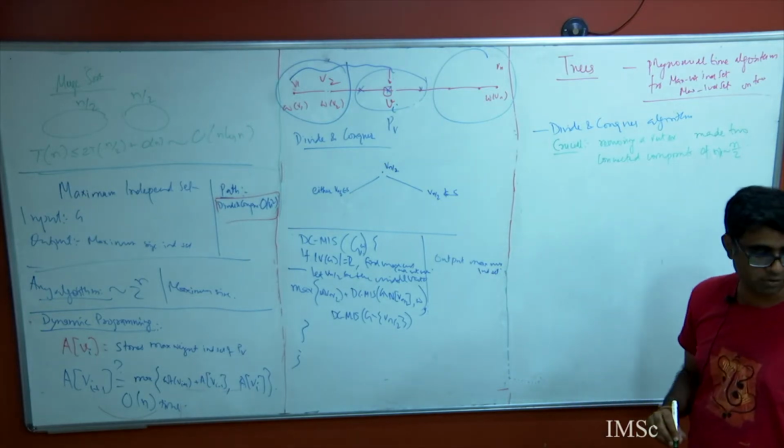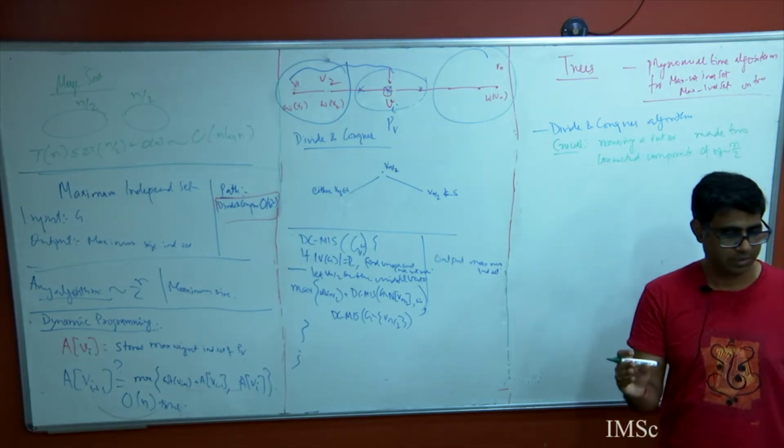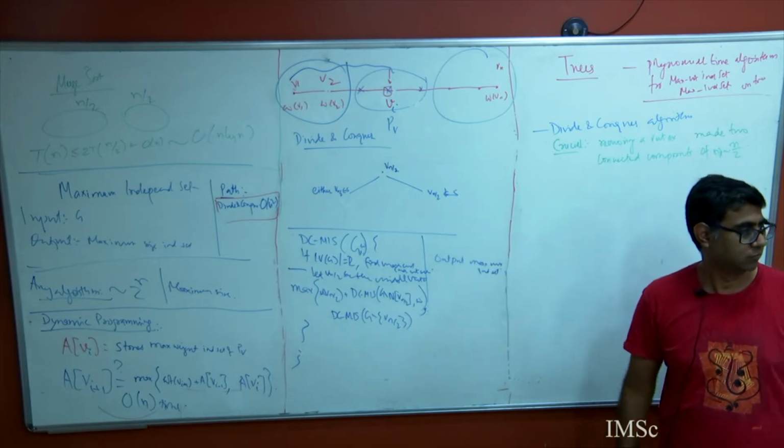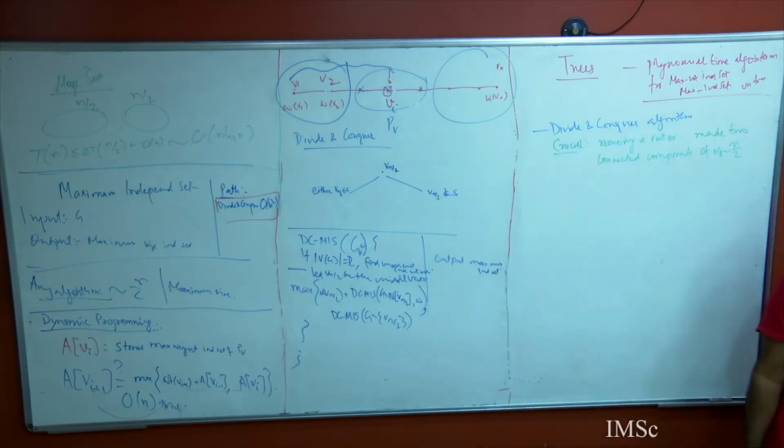This was crucial, otherwise I would not have got my polynomial time. If it had given n minus 3 here and 3 here, then I'm not sure that I could do anything. So this was crucial.